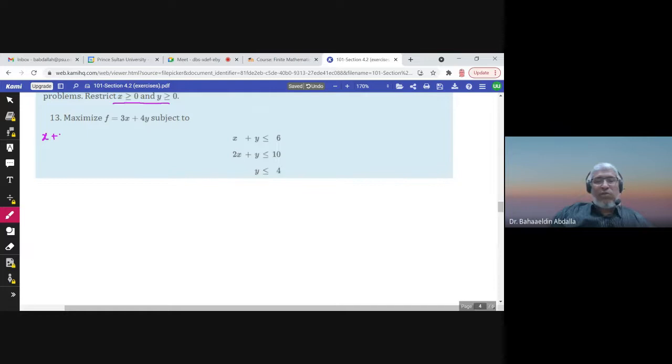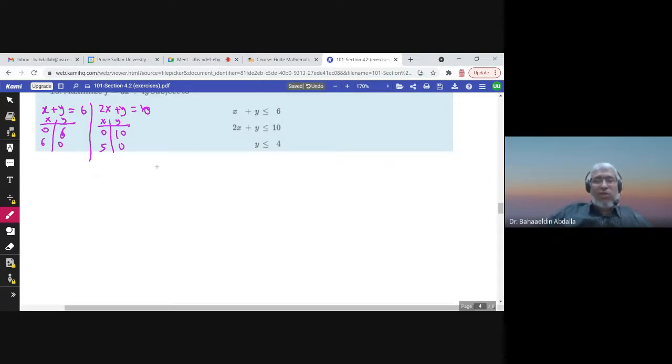So let me start by graphing this line x plus y equals 6, (0, 6), (6, 0), and the line 2x plus y equals 10. If x is 0, y is 10, and if y is 0, x is 5.